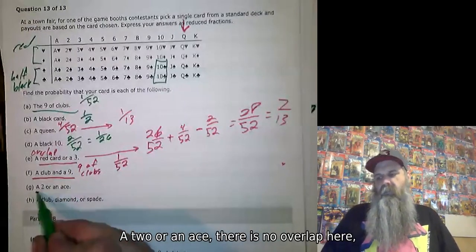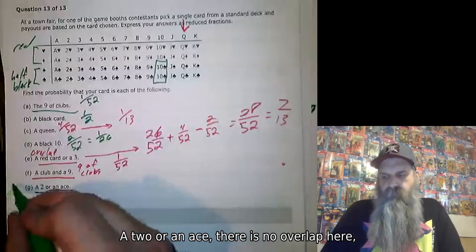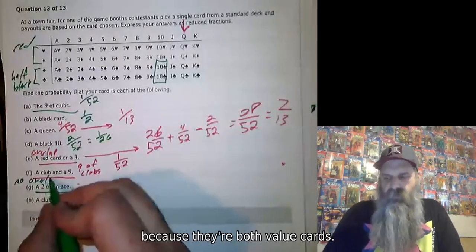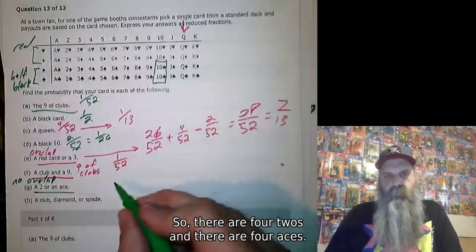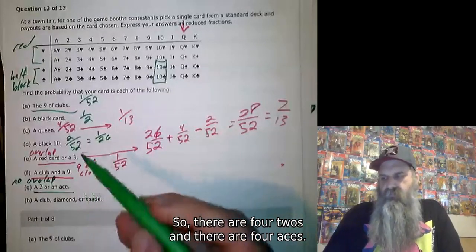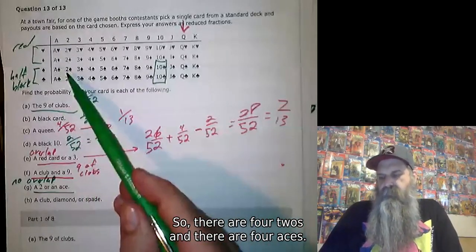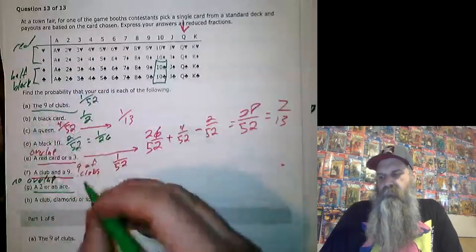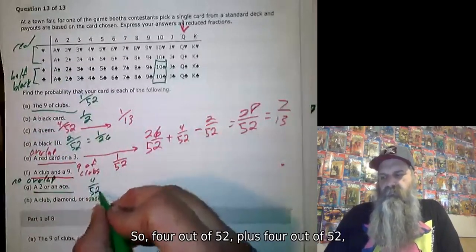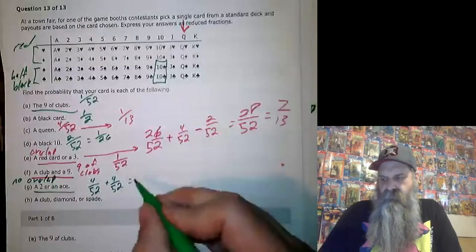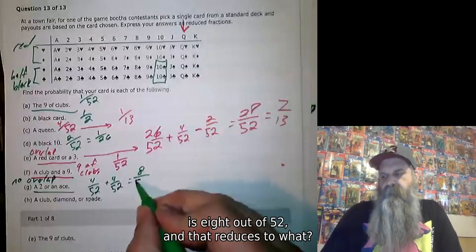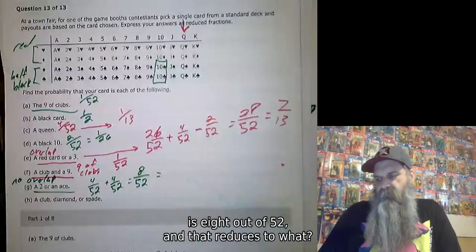A 2 or an ace, there is no overlap here because they're both value cards. So there are 4 2s and there are 4 aces. So 4 out of 52 plus 4 out of 52 is 8 out of 52.